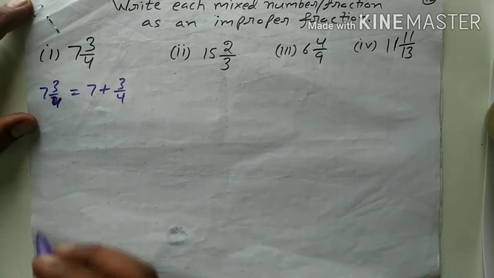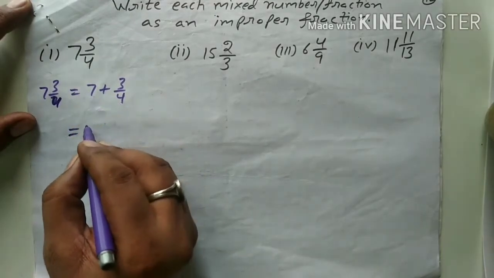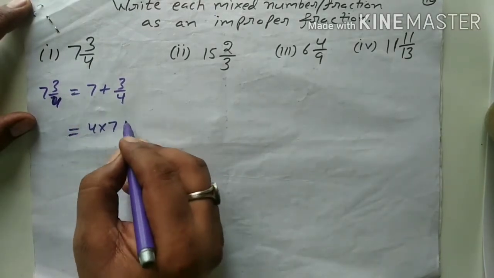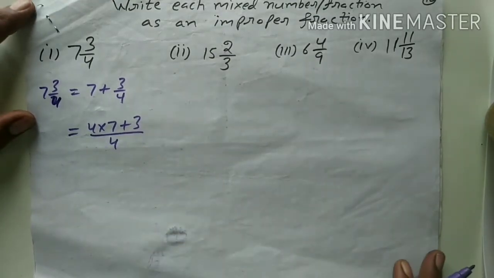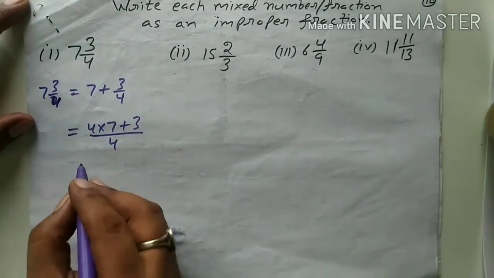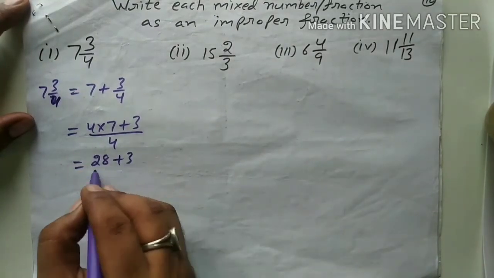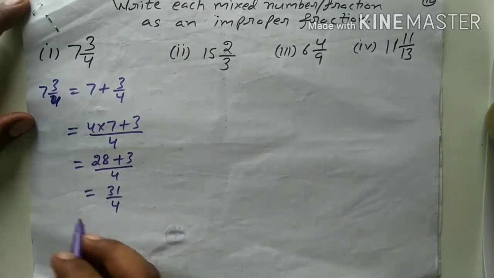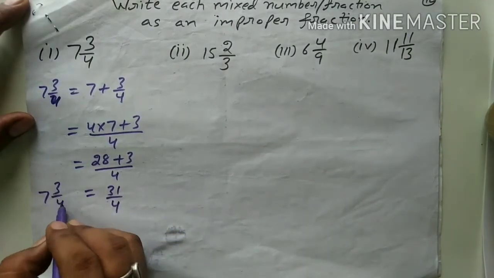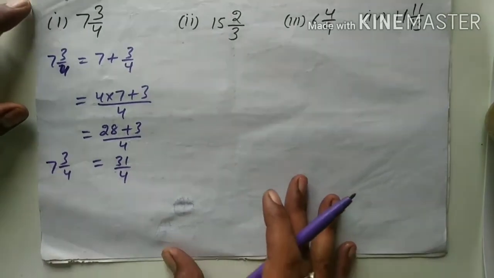So what I have to do, listen: 4 multiply 7 plus 3 over 4. This is the trick. 7 multiply 4 is 28, 28 plus 3 over 4. So this is 31 over 4. Now you can write this mixed fraction as an improper fraction.